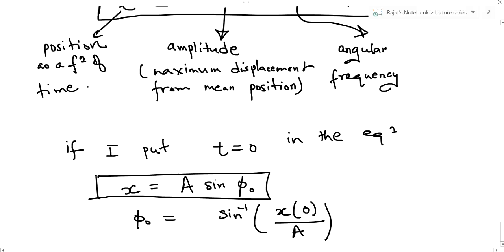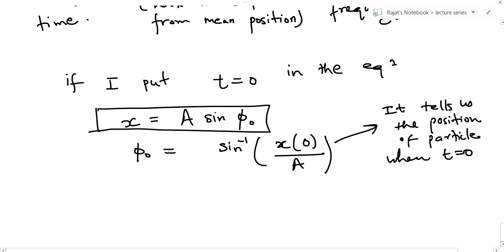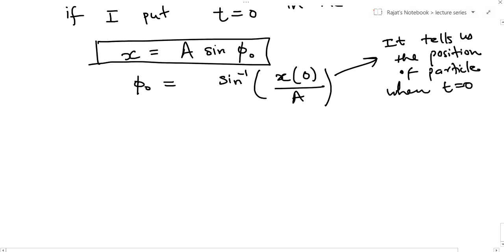So phi naught is giving us the information of the position when the time is 0. What is the job of phi naught, the phase constant? It tells us the position of the particle when t is equal to 0. The initial position of the particle at t equal to 0, where the particle is located, can be determined by phi naught.